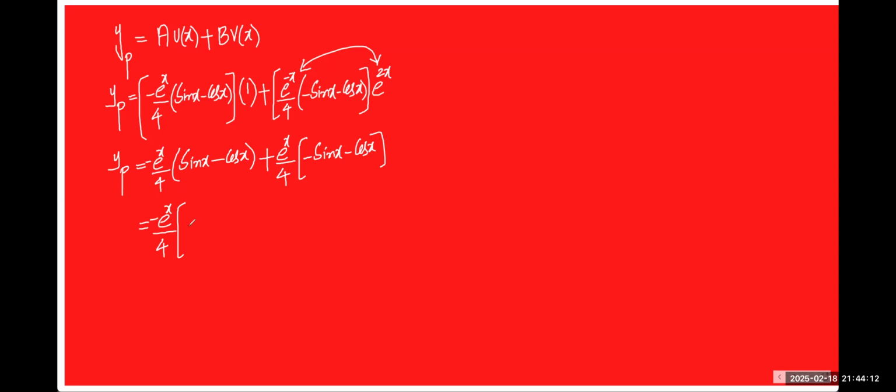If minus is outside here, one value, that is sin x minus cos x, is left. If minus is taken outside, this also becomes minus into this minus becomes plus sin x, minus into minus becomes plus cos x. Cancel it. Sin x plus sin x is 2 sin x.